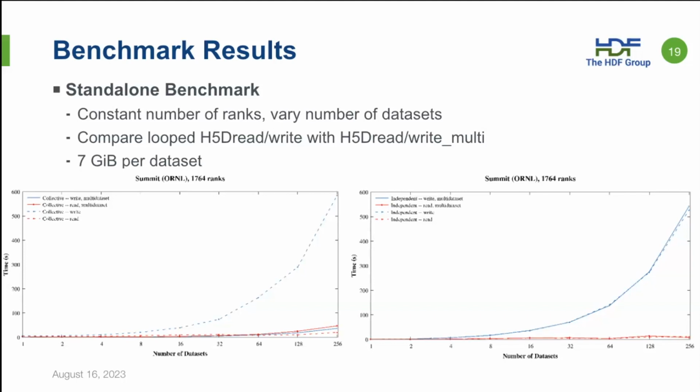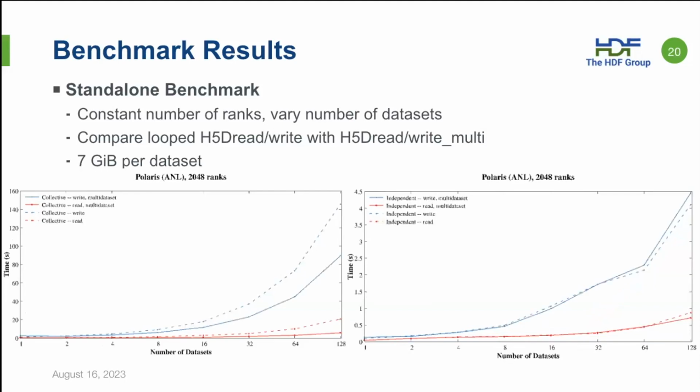And then for the independent case, you can see there's no difference, which is as we expect, because if you go to independent IO, it doesn't build up the huge data type. Even if you're doing multi-data set, it still does it one row at a time. Then there's the same thing on a different system. Here you can see that it benefits both write and read for the collective case, though not by as much as it helps write for the last one.